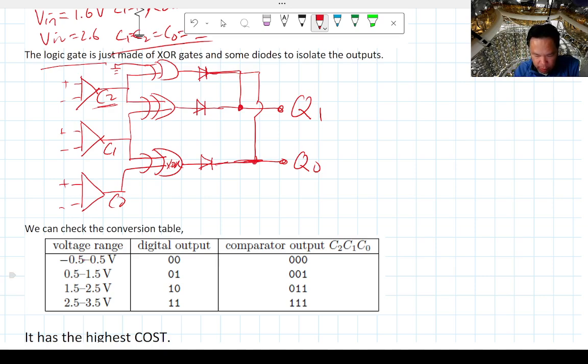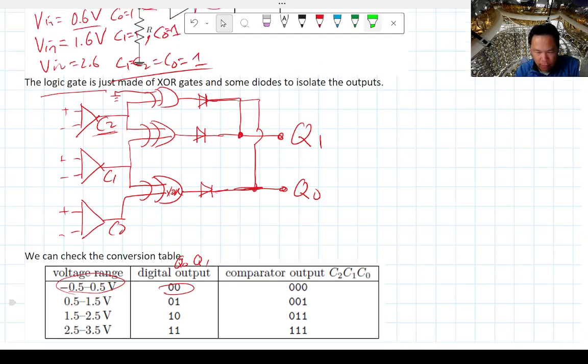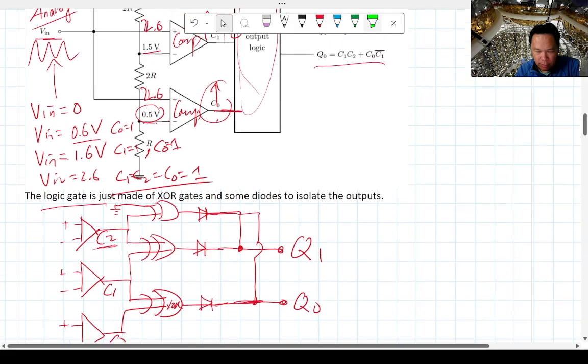So if the input voltage is less than 0.5 volts, or 0, that's what we expect. If it's 0 here, then all these gates are low. Then both Q0 and Q1 are both low. If it's between 0.5 and 1.5, that's the threshold for the first comparator to go high.